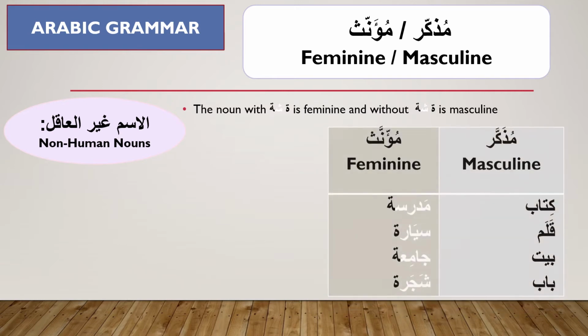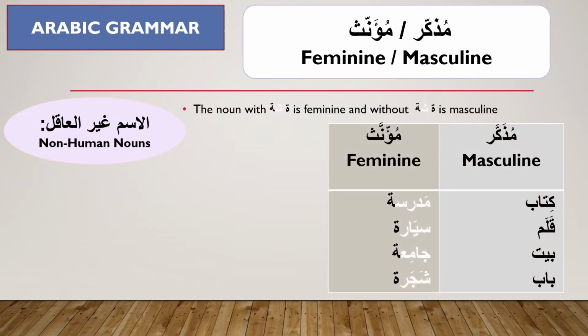If the ending of the noun has ta marbuta, that noun will be considered feminine. If the ending of the noun is missing ta marbuta, that noun will be considered masculine, because there is no male and female in objects, such as kitab, a book, or qalam, a pen, or bayt, a house, bab, a door.